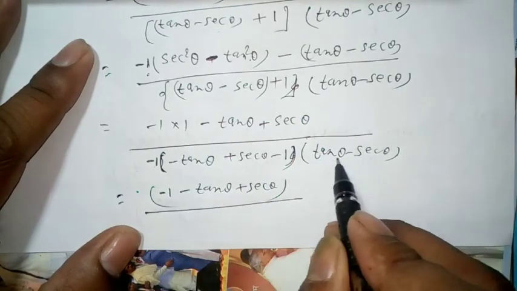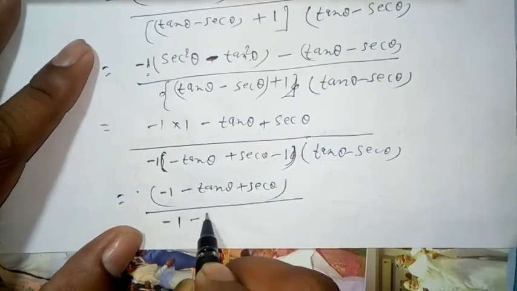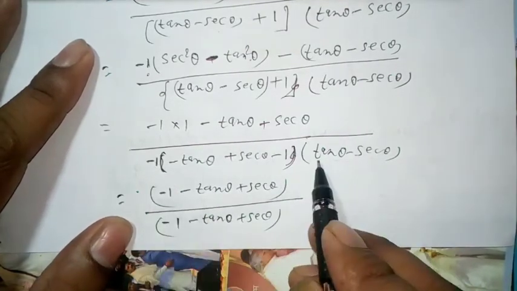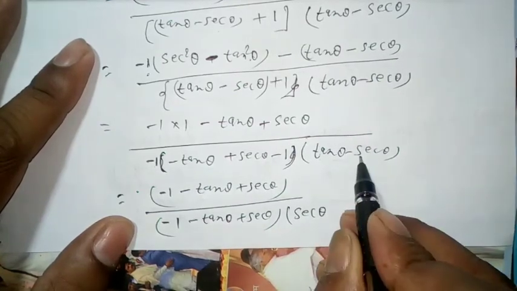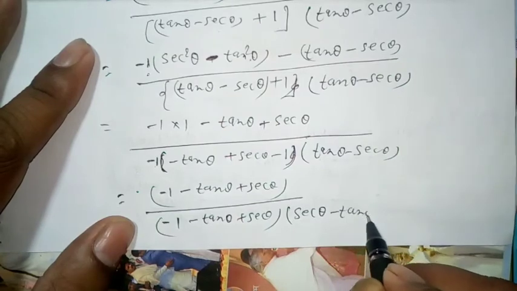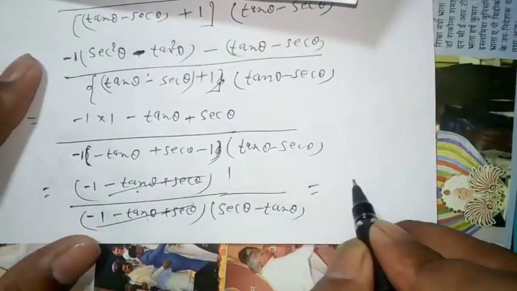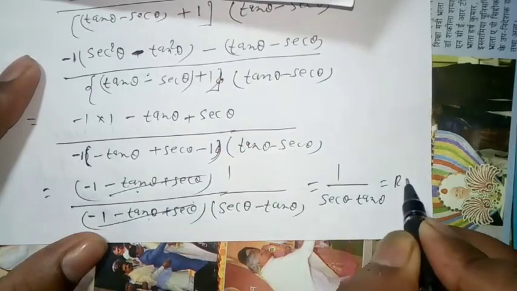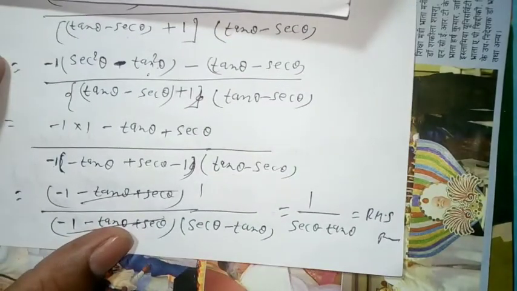Okay, then this changes, and we arrange it, then minus 1, minus tan theta plus sec theta, and we multiply minus 1 in tan theta minus sec theta, then we get sec theta with plus and tan theta with minus. So this cancels. In one time is equal to 1 by sec theta minus tan theta, which is equal to RHS. Proved.